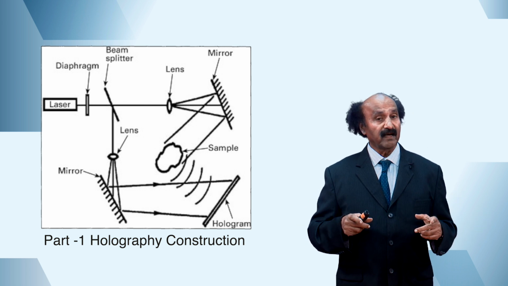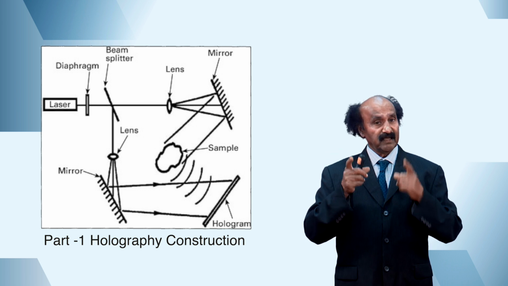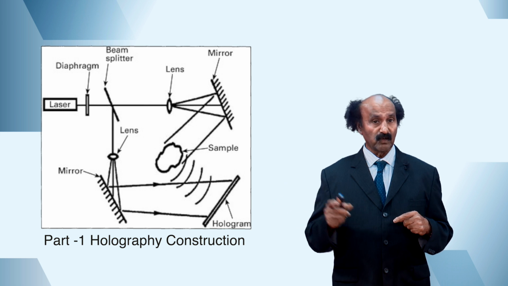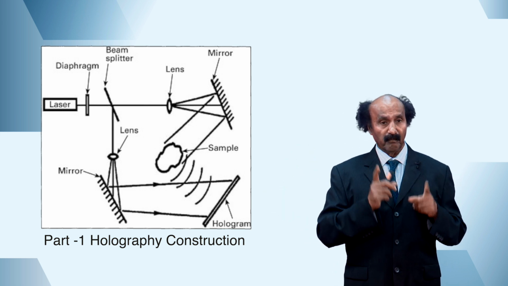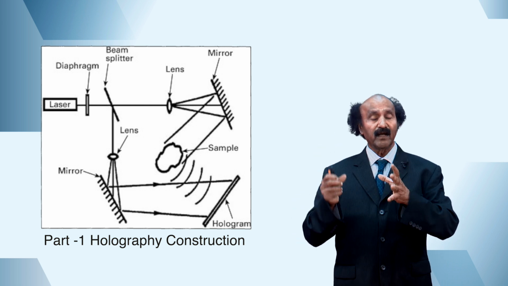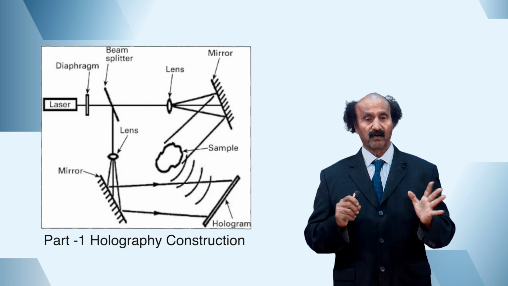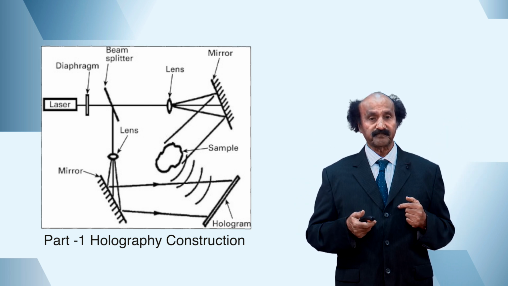You cannot take the photograph of a person employing this technique. For that you need another technique called pulsed hologram, which I will come back to later. Right now, employing this technique, you can take only a fixed, non-moving object. Okay, let us assume all these are done.